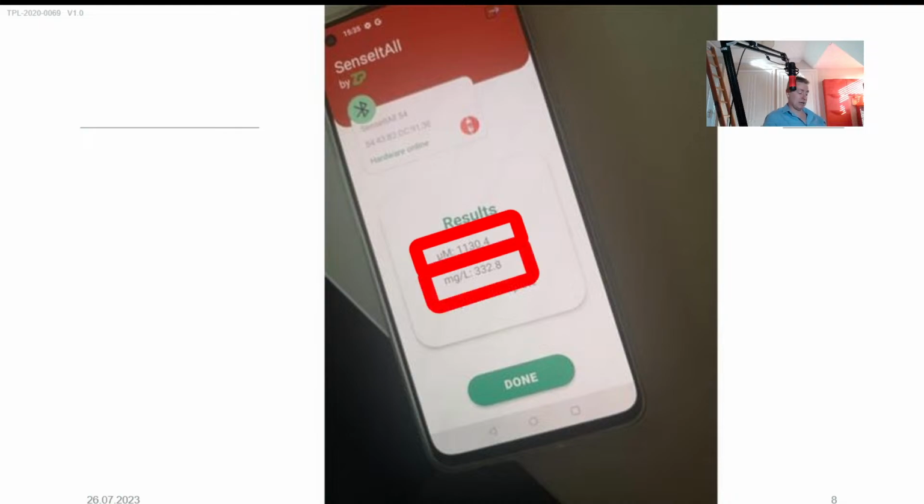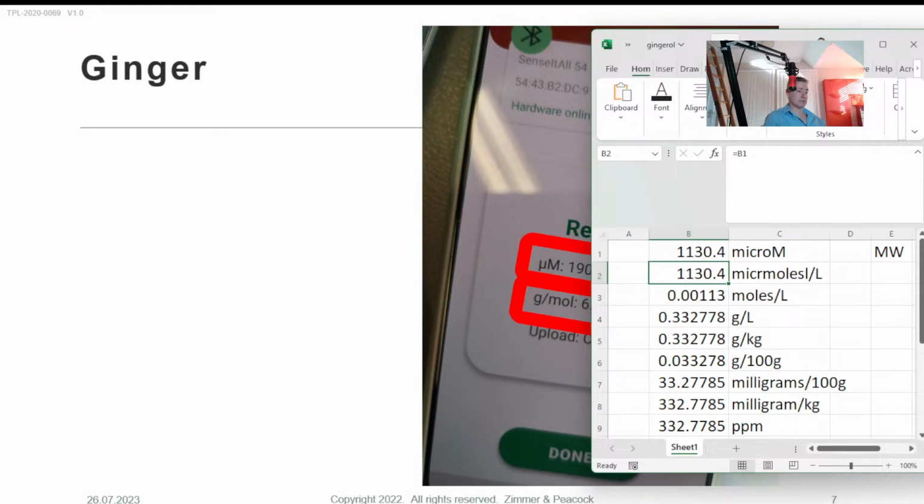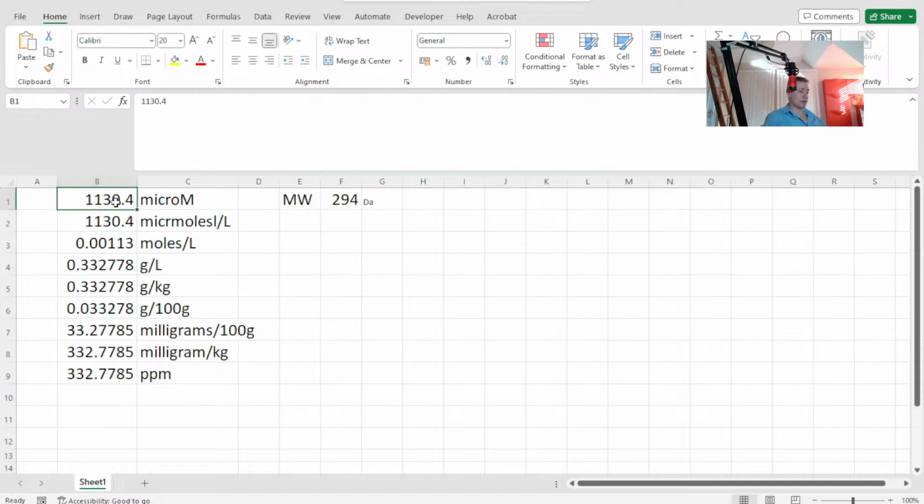And if I go back to their original number, which is 1904.2, let me bring my spreadsheet in there. 1904.2, yeah. So I'll just put in 1904.2.